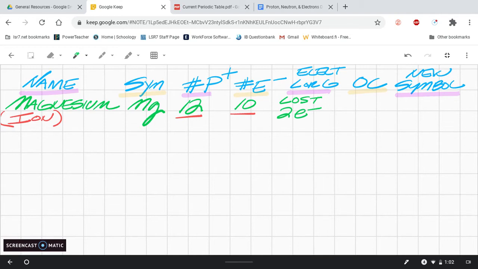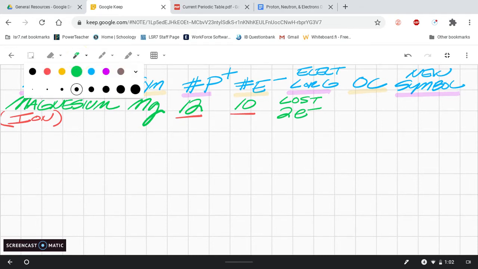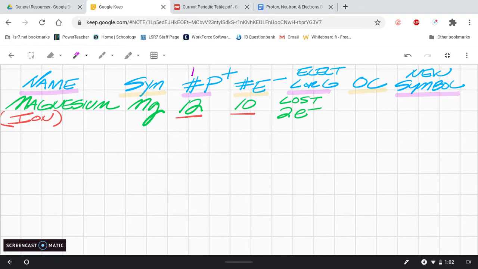All right, overall charge. So what is the charge now? The charge starts at 0. And 0 would be when the protons and the electrons are equal. But we want to remember, we're going to go get a different color pen here. We want to remember that the protons represent a +1, and the electrons represent a -1.